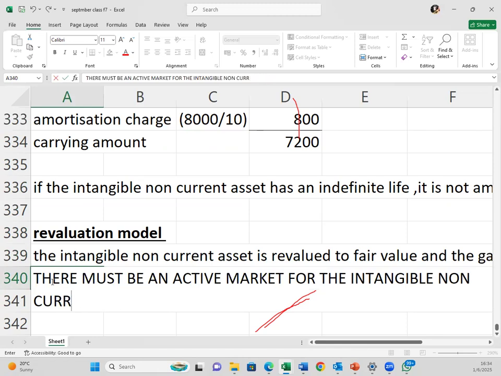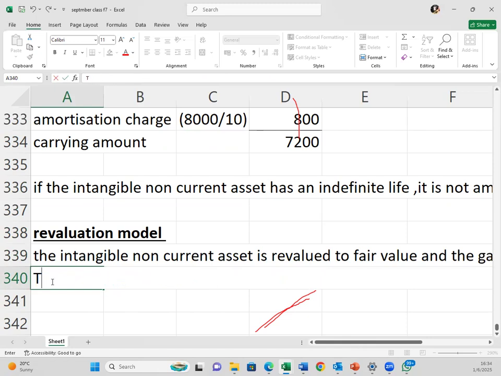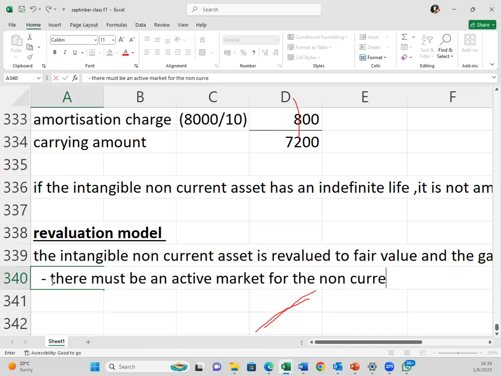There must be an active market, and a market price for identical assets.